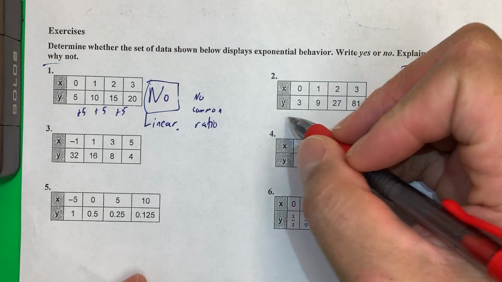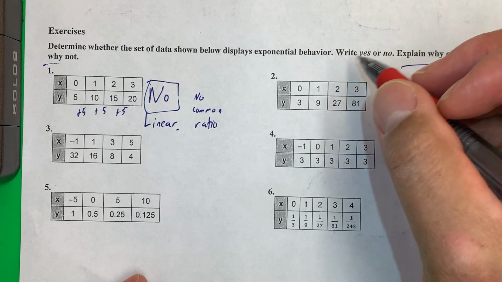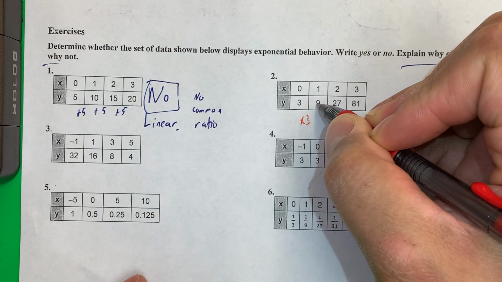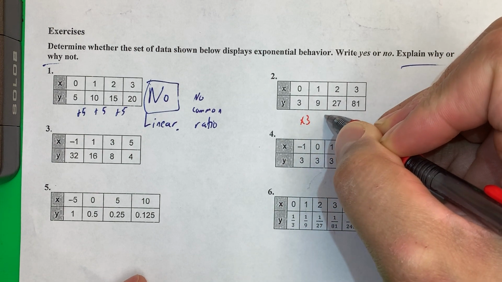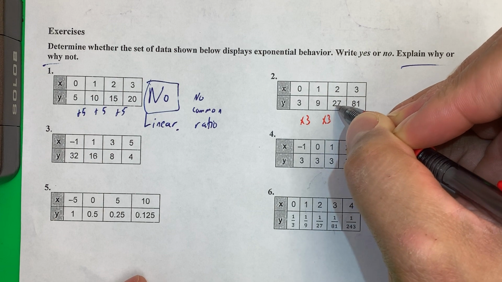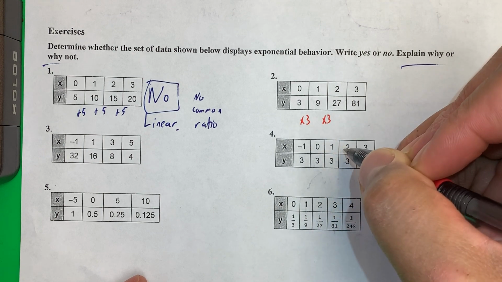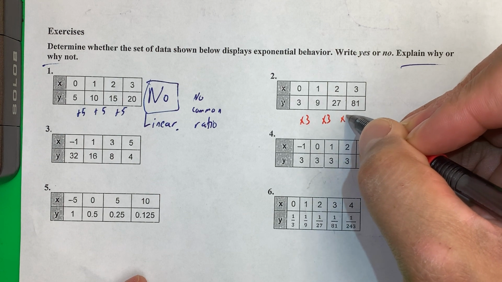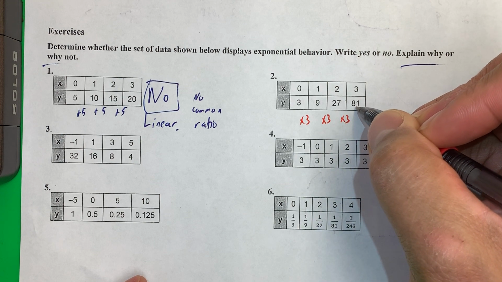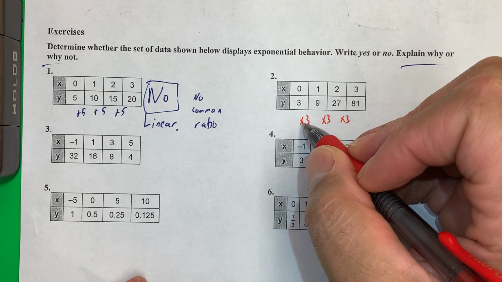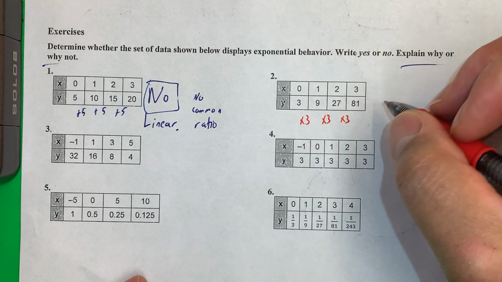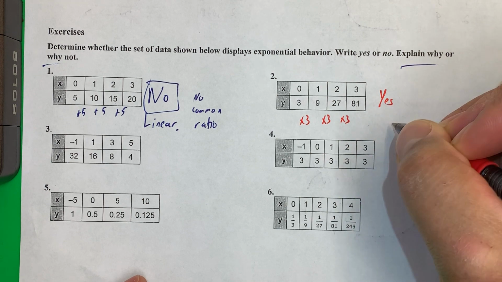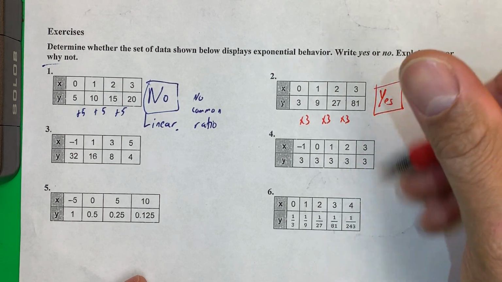Point is, it's definitely not a common difference, but 3 times 3 is 9. 9 times 3 is 27, and maybe you can't do it in your head, but check it in your calculator real quick. 27 times 3 is, you guessed it, 81. So here I do have times 3, times 3, times 3. That's my common ratio, so I would be able to say, yes, this is exponential.